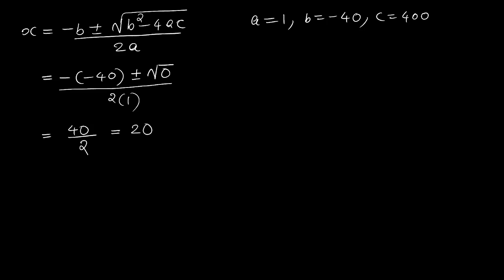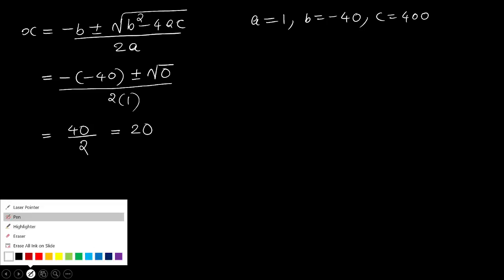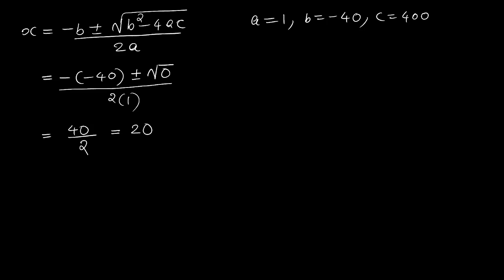If you use the formula, plus or minus 0 is not considered, right? Okay, let me write the step, otherwise you will miss one solution. Minus of minus 40 is 40, plus or minus 0, divided by 2. These are the two roots.